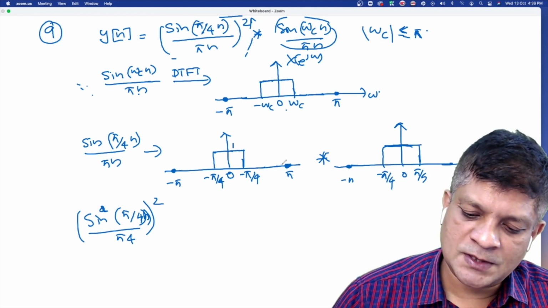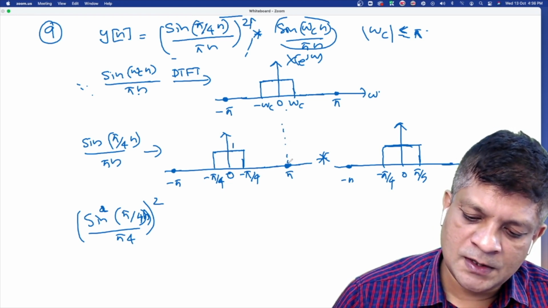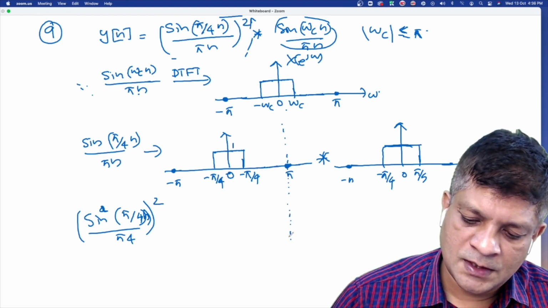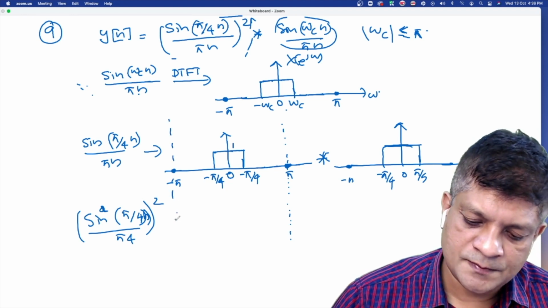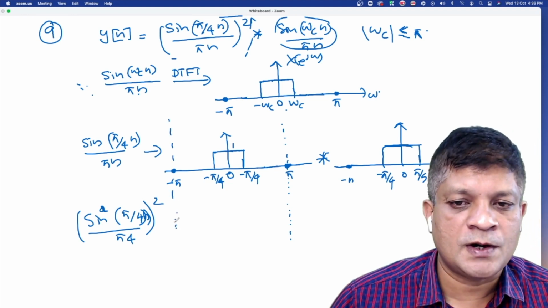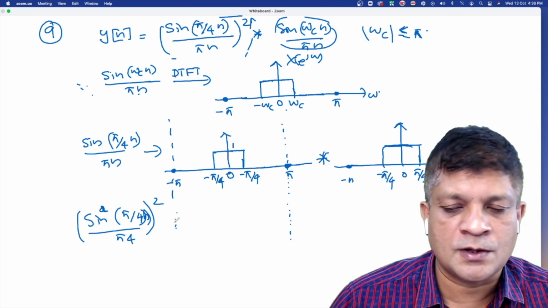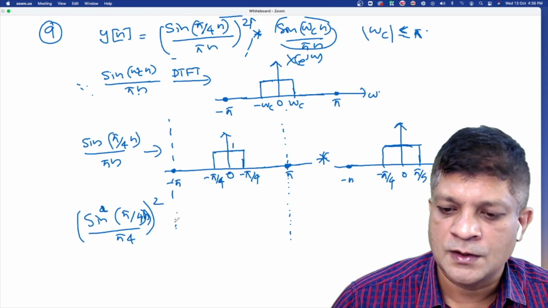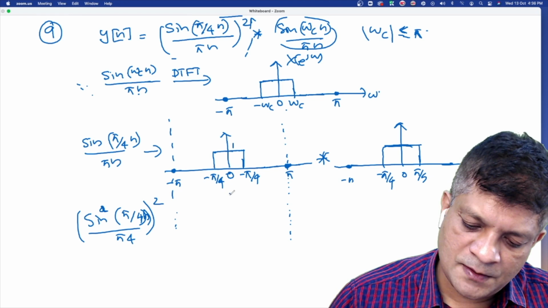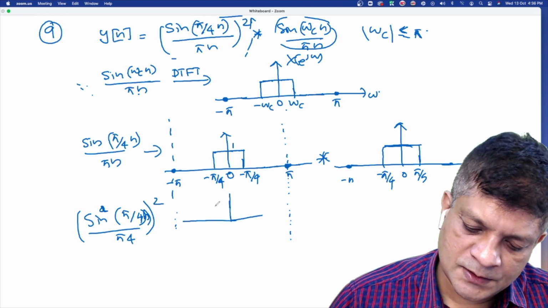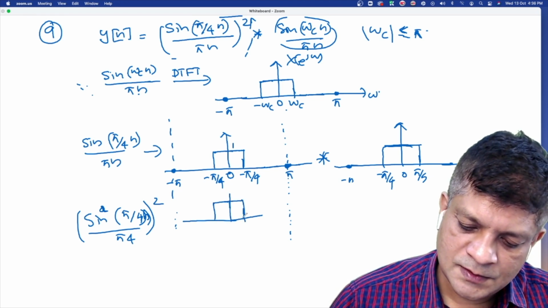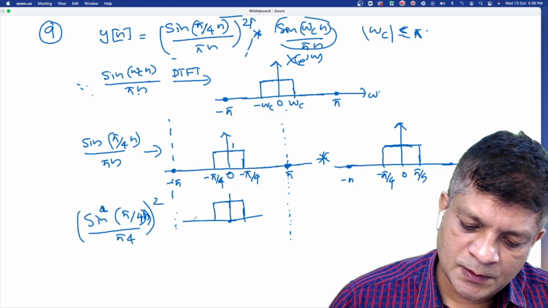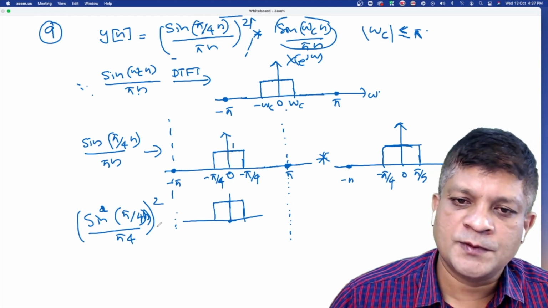You have to flip the second signal. We are integrating over one period only, and that is the difference between periodic convolution and normal convolution. Flip the second function.